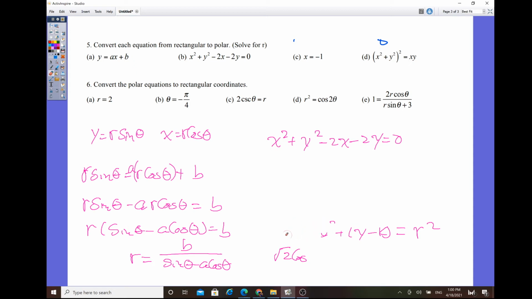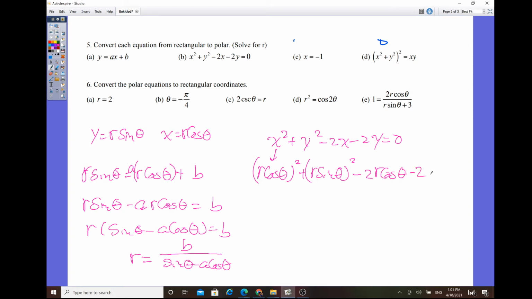If we try to convert with the completing-the-square form in x and y, then that'll be a little bit more complicated. So let's try the other way around. Let's say this is r cosine theta quantity squared plus r sine theta quantity squared minus 2 r cosine theta minus 2 r sine theta equals 0.